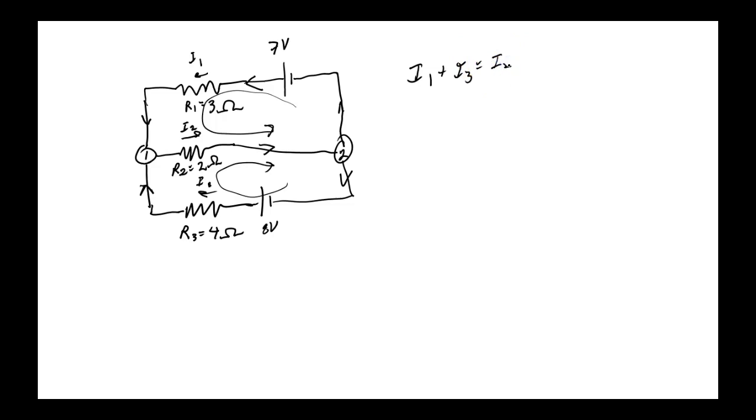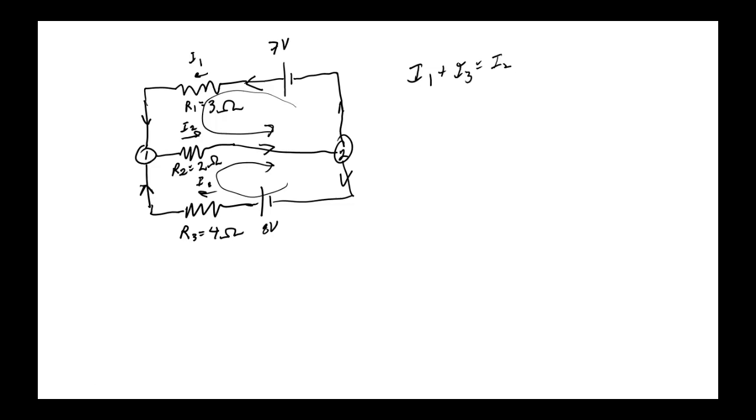And that sort of makes sense. If you've got both of them coming in, you're going to have a pretty good sized current flowing out. Now, if you went to node 2 and said I2 is flowing in and I1 plus I3 are flowing out, that's really the same equation, just flipped sides. So that doesn't add anything new. We're not going to do one for that node.